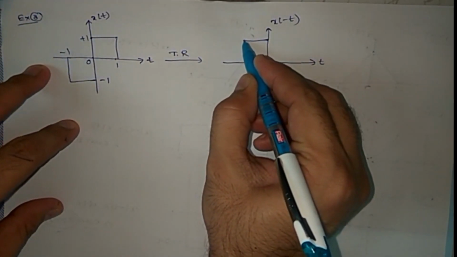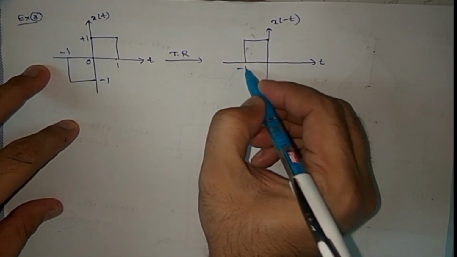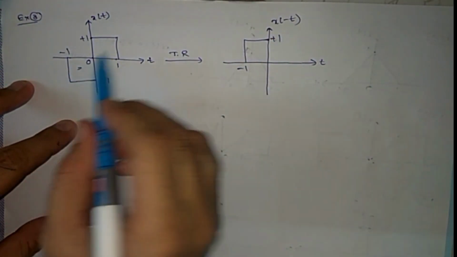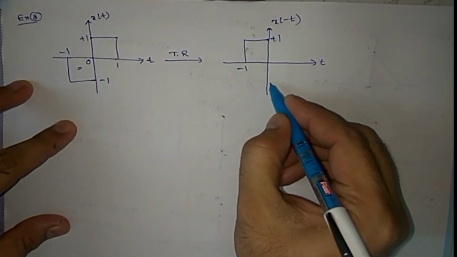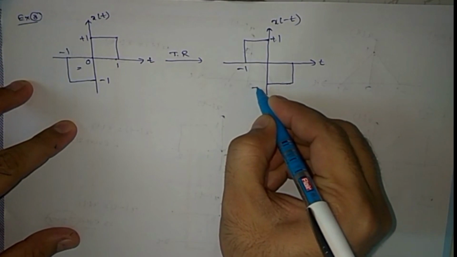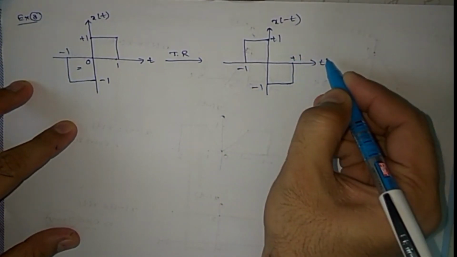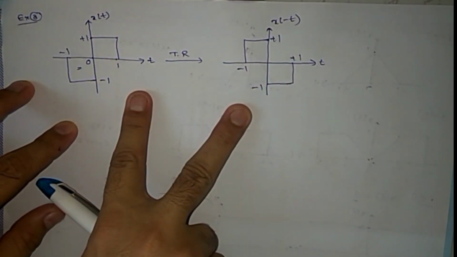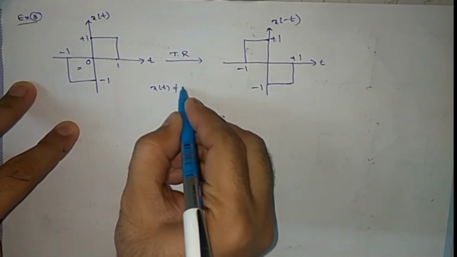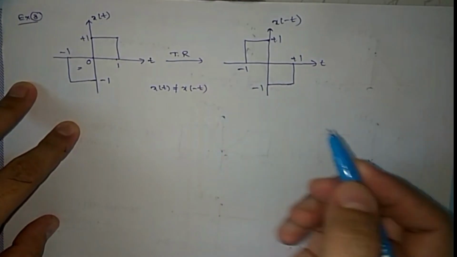This will come here, right? Minus 1 plus 1. But what about this part? If you come to this side, this will be here. So now are both signals the same? No. x of t is not equal to x of minus t, right?